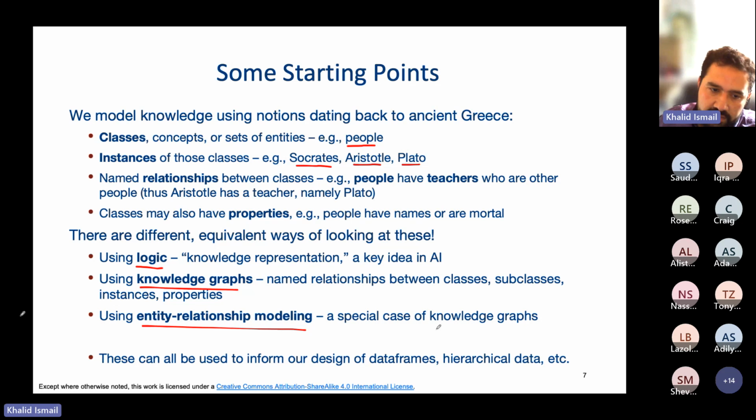These 3 different ways can all be used to inform our design for the data frames or any hierarchical data. We introduced data frames in the first session this morning, which is basically the table of data. We sometimes call them table data frames, or hierarchical type of data. Does anyone have any questions so far before we move into these 3 different ways?